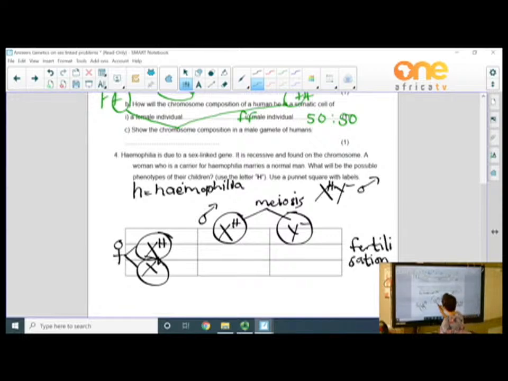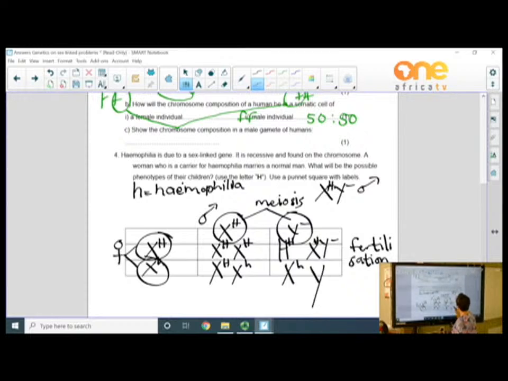And here we will have X capital H, X small h, X capital H Y, and X small h Y. Okay.